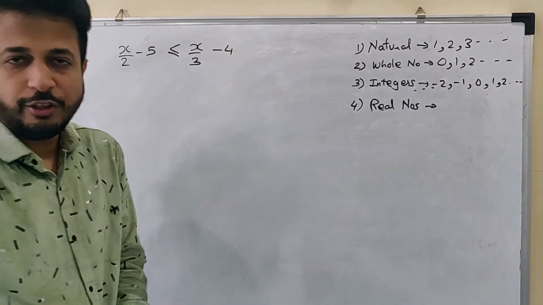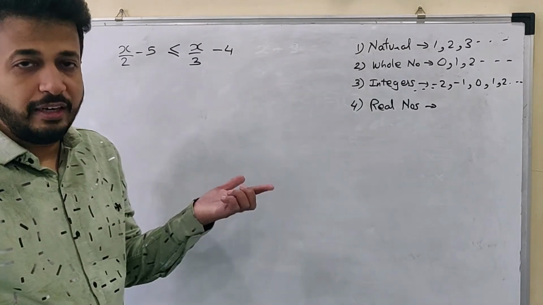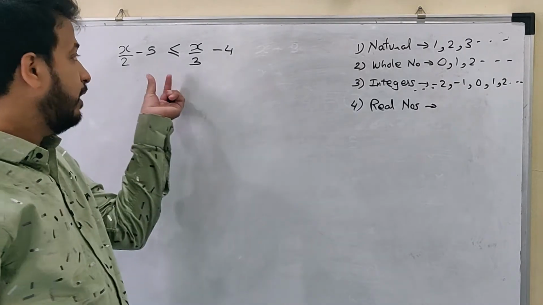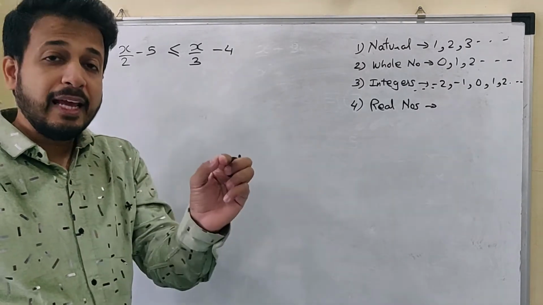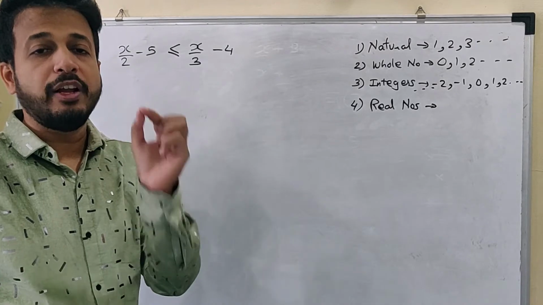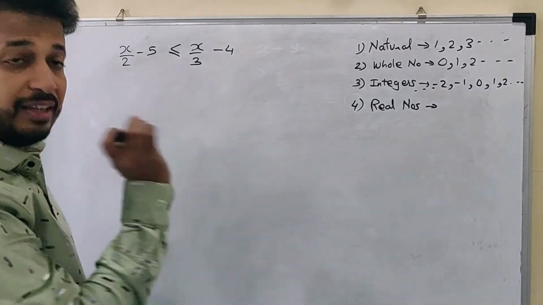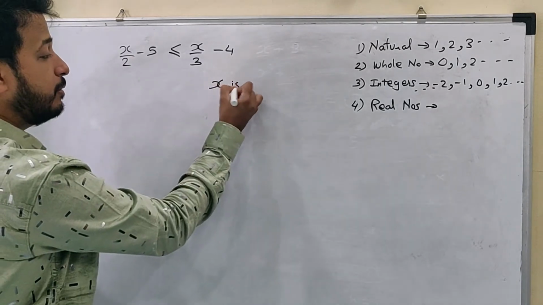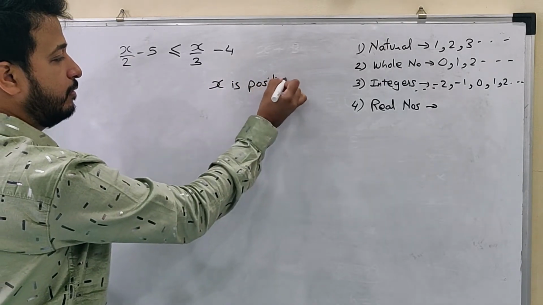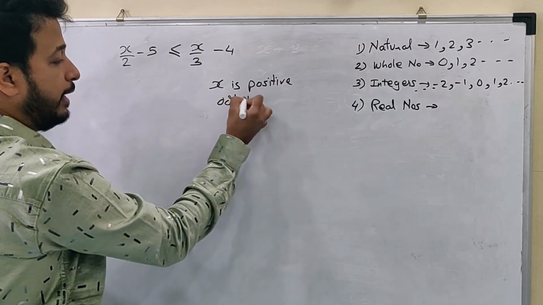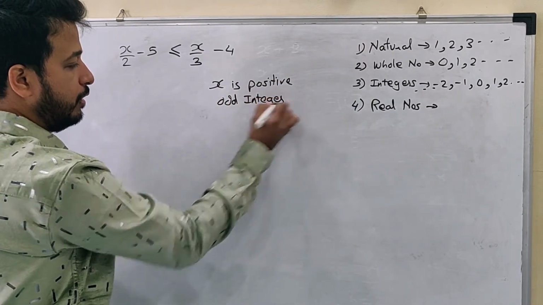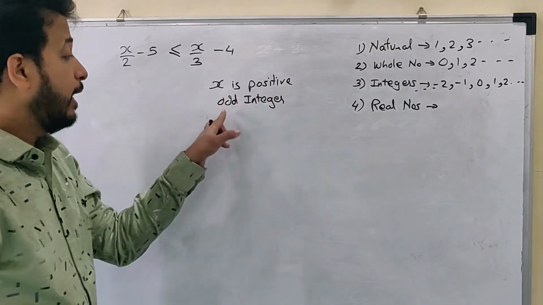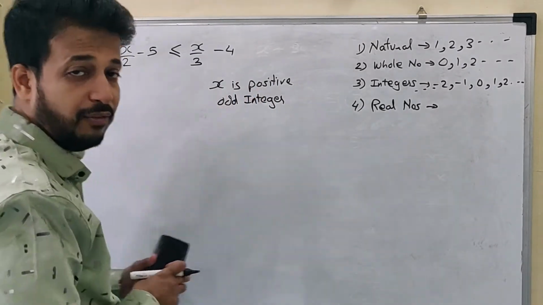I have to find the value of x, where x is a positive integer. Integer means all negative and positive numbers, but here the condition is that it is positive and it has to be odd only. So how can we solve this?